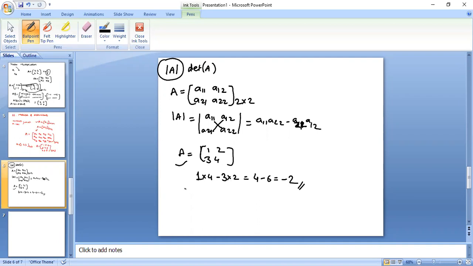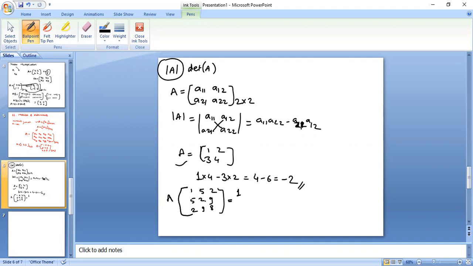Matrix 3 by 3. So example: 1, 5, 2, 5, 2, 9 and 2, 9, 8. So how will you calculate the determinant? So this is a 3 by 3 matrix A. So you have to calculate like this.